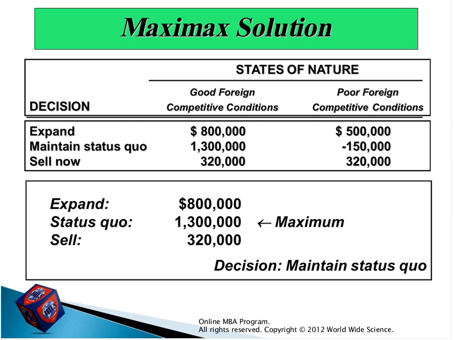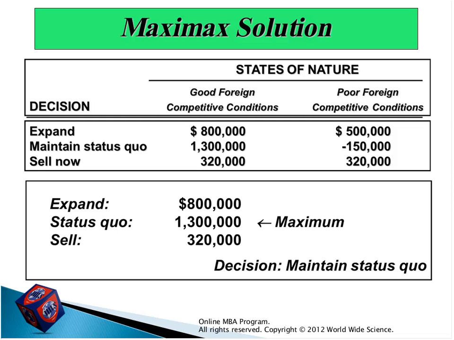So, for expand, you can write this number in front of expand in the last table. As you can see in the last table, in front of expand we write 800,000.